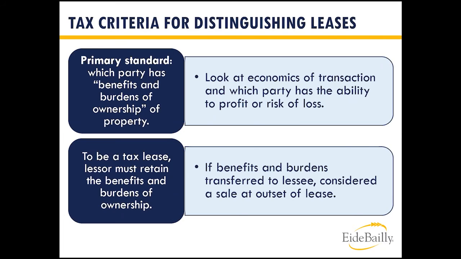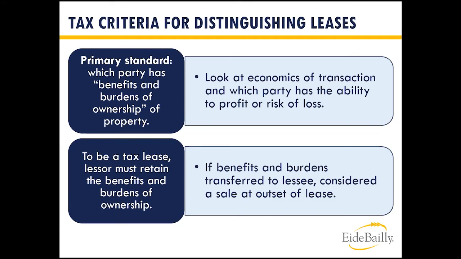And so the lens that we use to review a lot of the factors we'll talk about is, okay, does that move the risk to the other party? Does that move the risk back to me in this transaction? In order for something to be a tax lease, the lessor must retain the benefits and burdens of ownership.